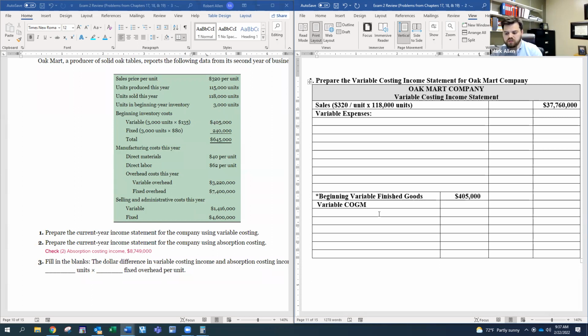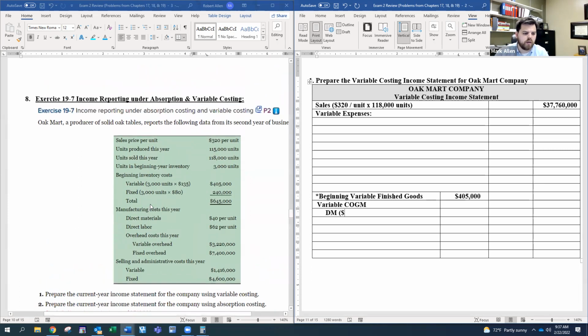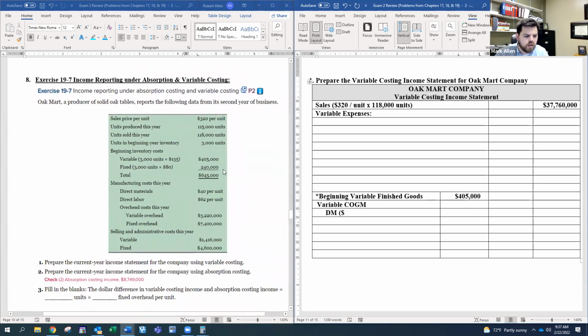That will be things like direct materials. Looking back over here, our direct materials will be $40 per unit times the number of units we actually produced, 115,000 units.